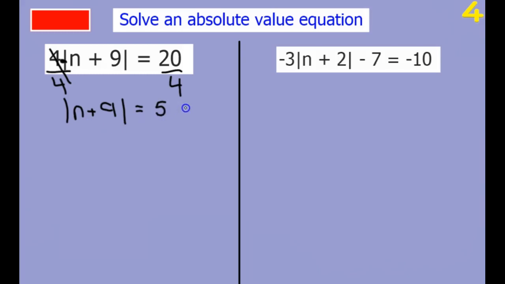Now we know that this is either 5 or negative 5. So we're going to have n plus 9 equals 5, or n plus 9 equals negative 5.